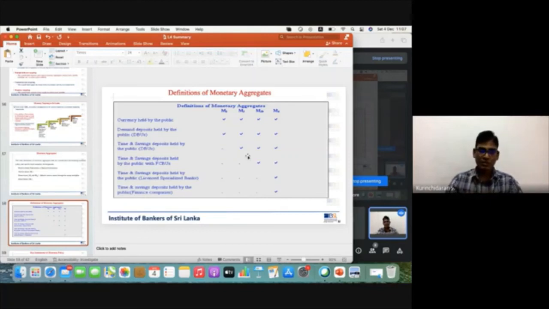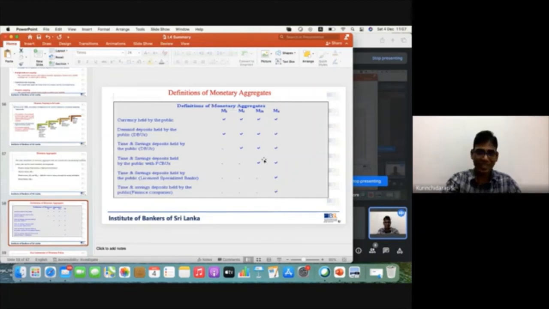When it comes to Sri Lanka, we usually concentrate on M1 or M2B. We are using everything, but for the sake of different objectives, we go with different monetary aggregates. M2B is most of the time what we use for analysis, right? Different countries can take different aggregates.